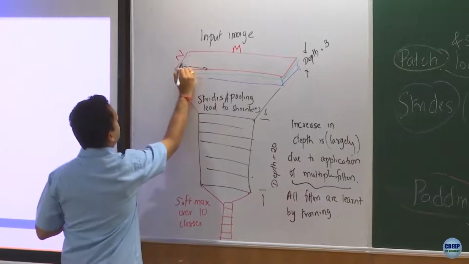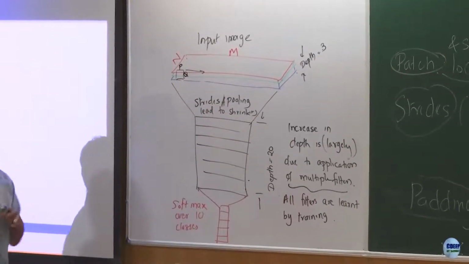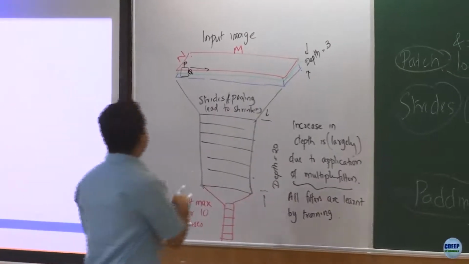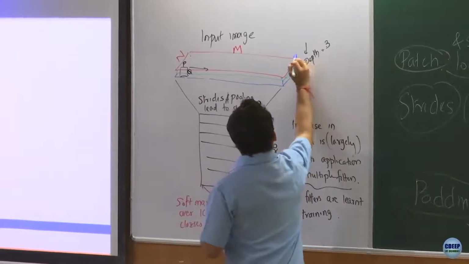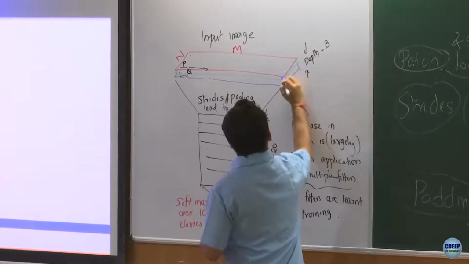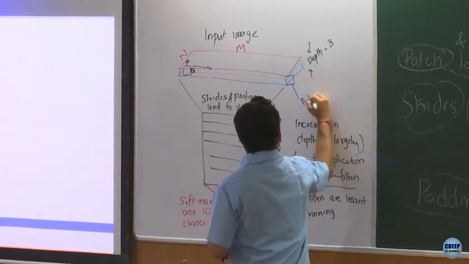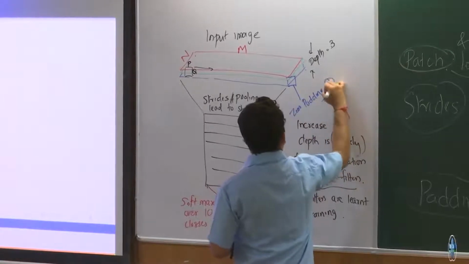My patch had dimension p cross q. And let's say I was doing some padding here. Okay, so extra padding. Let's say padding was 0 padding of size d.